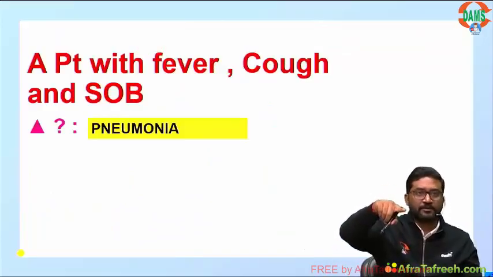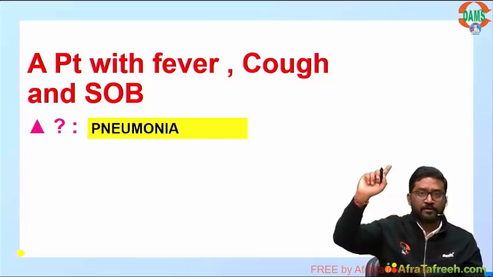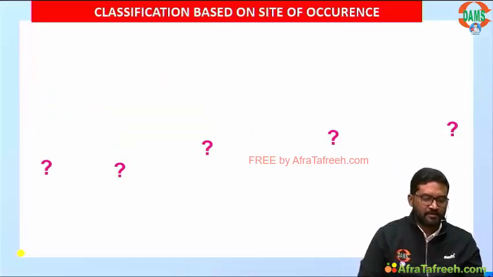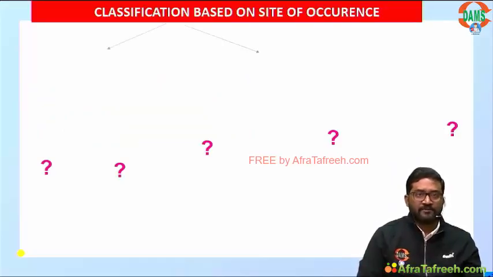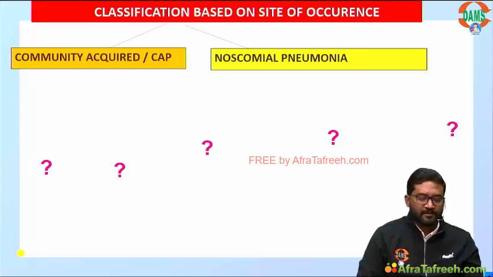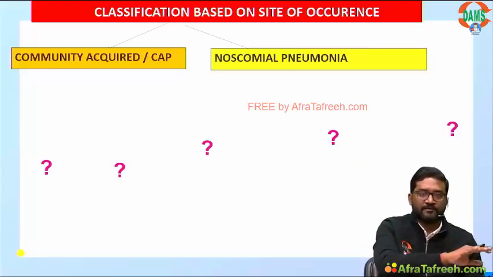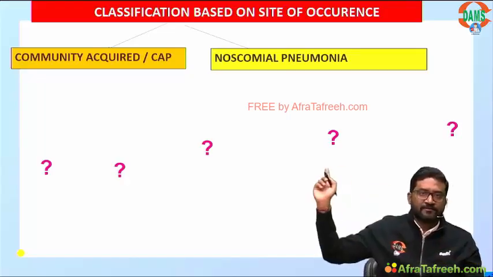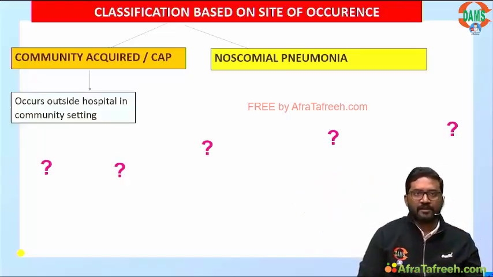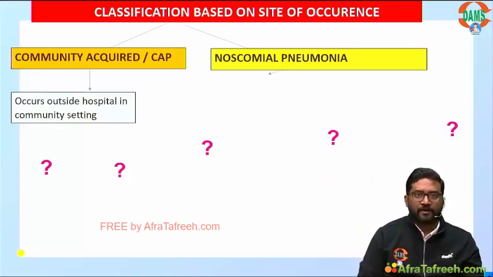A patient with fever, cough and shortness of breath. This is pneumonia. Then classification based on site of occurrence. So we divide it into community acquired pneumonia, if it is happening outside the hospital or medical facility. If it is within the medical facility, the broad terminology is nosocomial pneumonia. Nosocomial pneumonia again has two types.